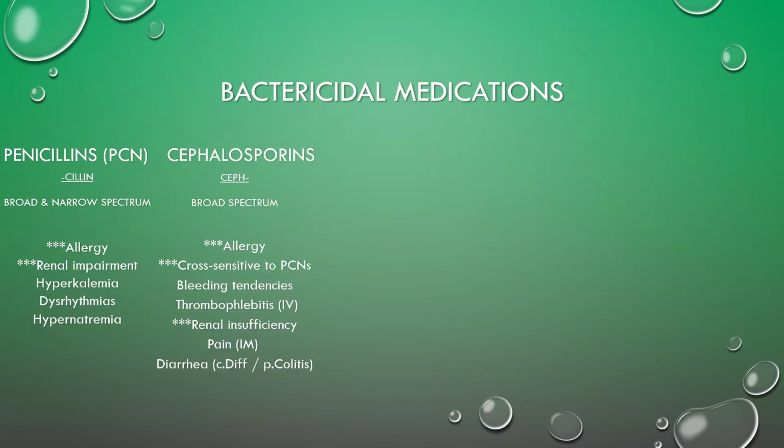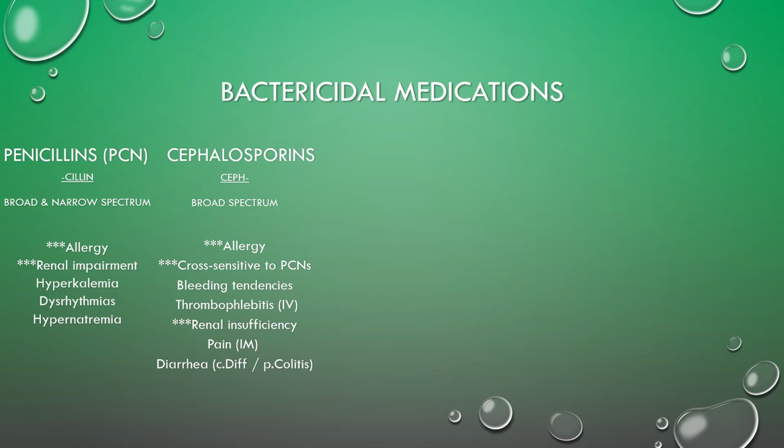Cephalosporins are going to usually start with ceph. These are broad spectrum, so they can harm many types of microbes. Again, we have allergic reaction and a cross-sensitivity to penicillins. So if they are allergic to penicillins, then they are most likely going to also have a reaction to cephalosporins.